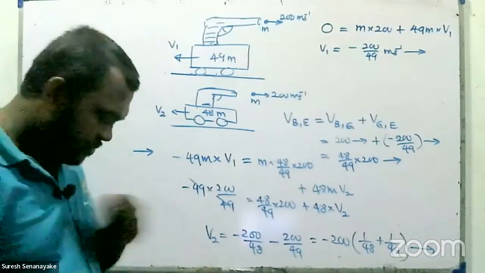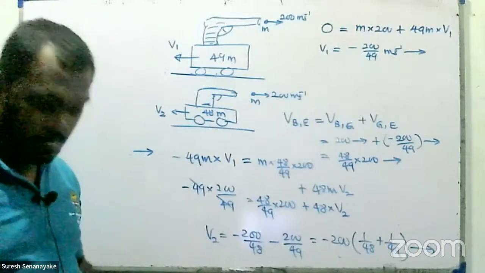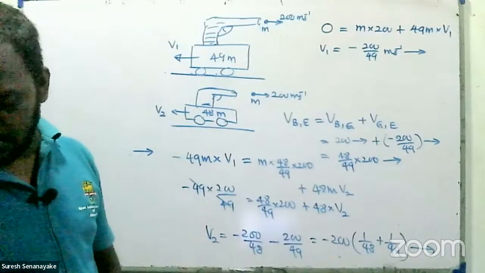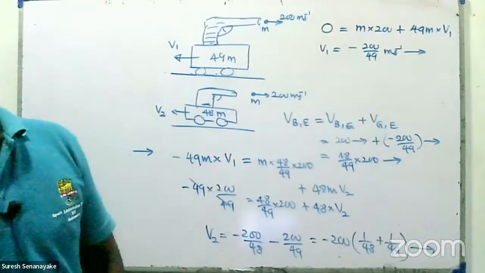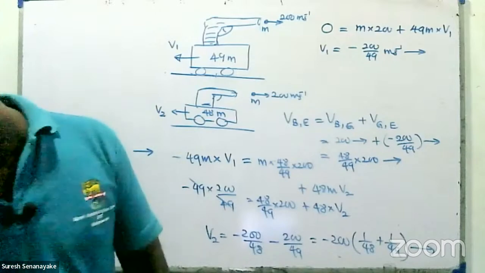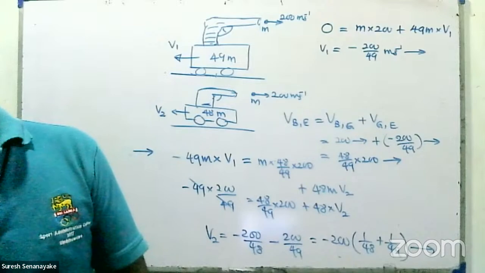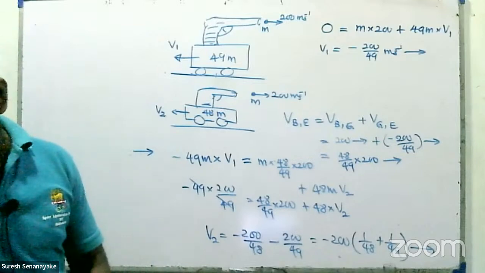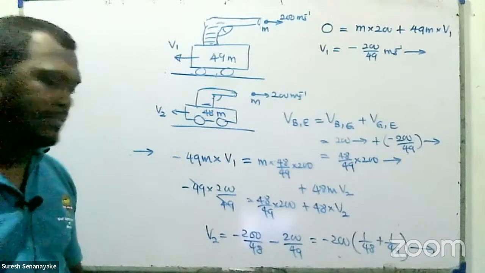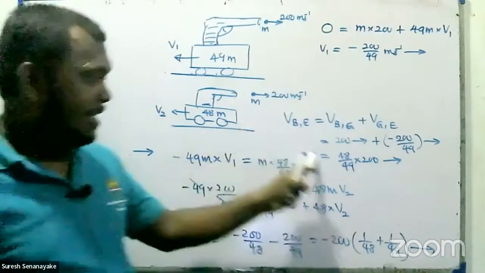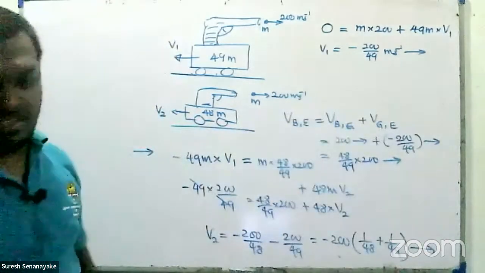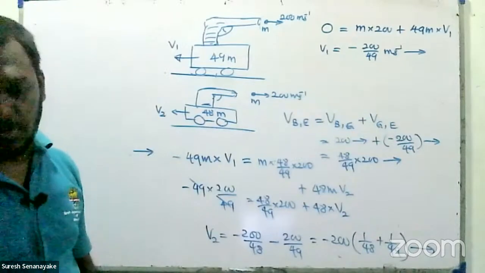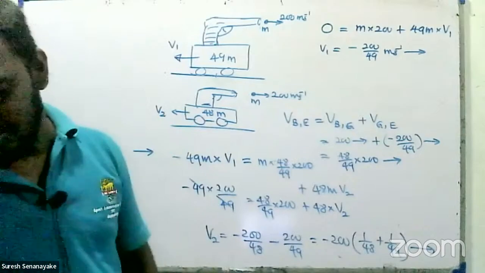Okay, I think it's clear. Right. Then make the point clear: when you apply momentum conservation, all the velocities should be considered with respect to one frame.